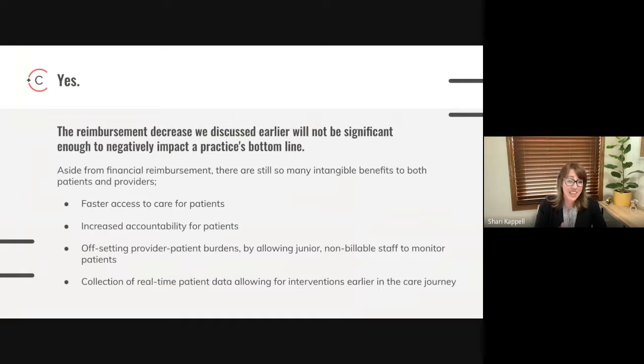Right. And that collection of real-time patient data really allows for earlier intervention in the care journey. So that by itself is keeping patients healthier, keeping patients out of hospitals and ERs.